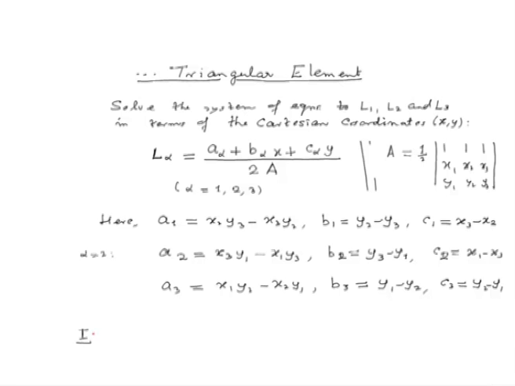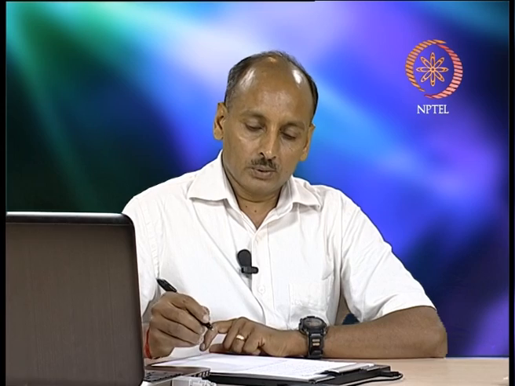first scenario, what we call the 3 node, or we also call it linear element. Okay, so, this is the most basic 2D element.